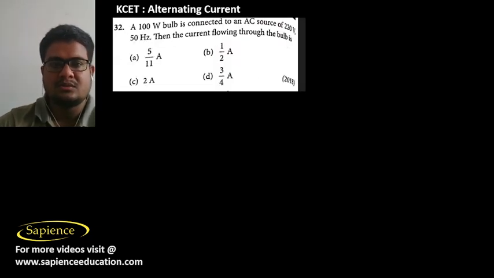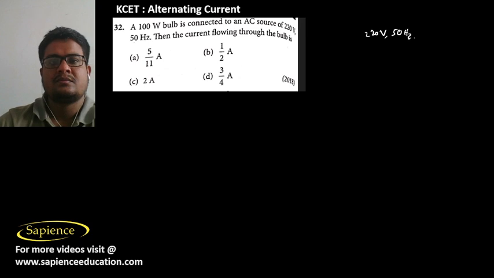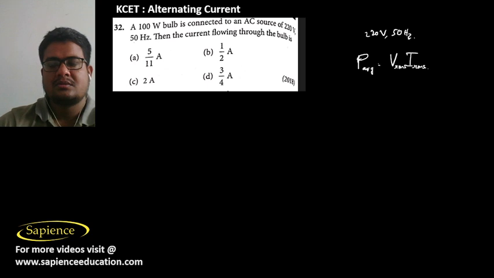And in question number 32, it is told that a 100-watt bulb is connected to an AC source of 220 volt and 50 hertz. Then the current through the bulb is? You know that the average power consumed is equal to VRMS into IRMS cos phi.